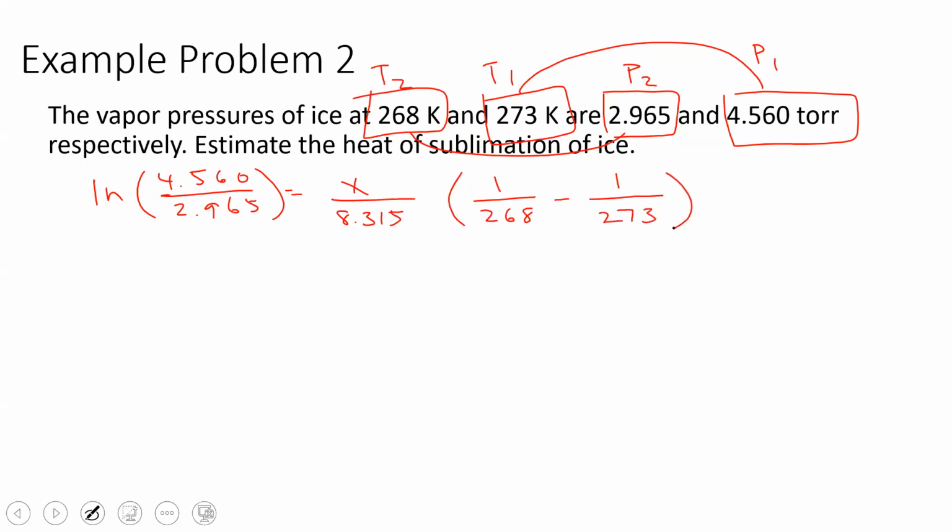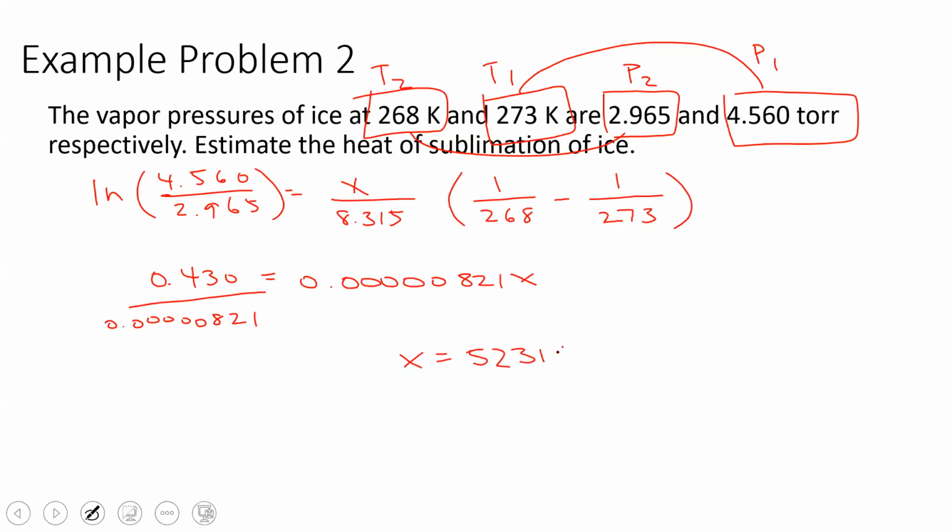If we divide that out and take the ln, we should get 0.430 on the left, and on the right we should get 0.00000821x, so five zeros. Then we just divide both sides by this really annoying number, and our x is equal to 52,318. Because we're solving for delta H, it's always going to be in joules per mole. So we have it here in joules per mole, and that's our second answer.